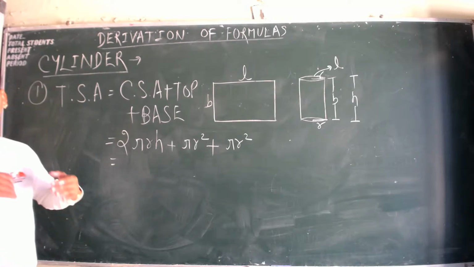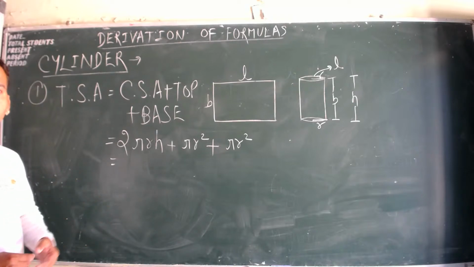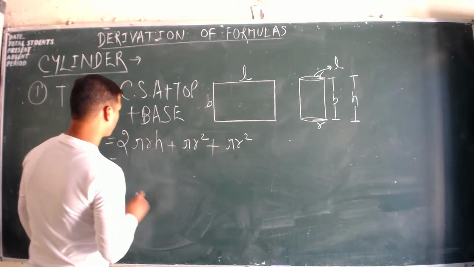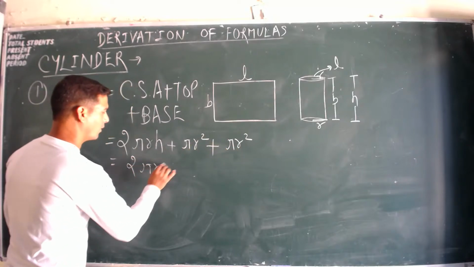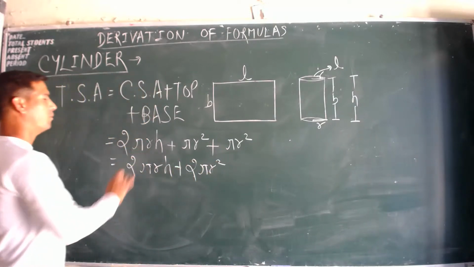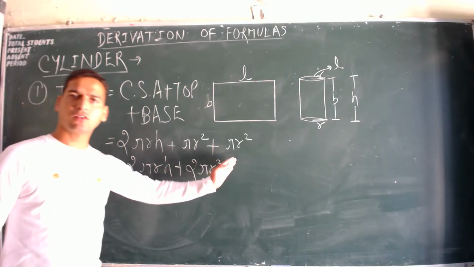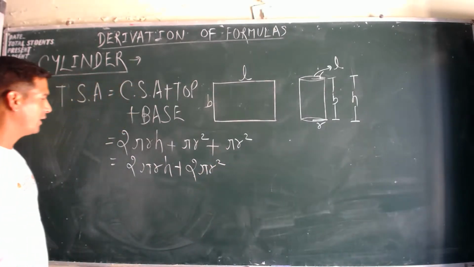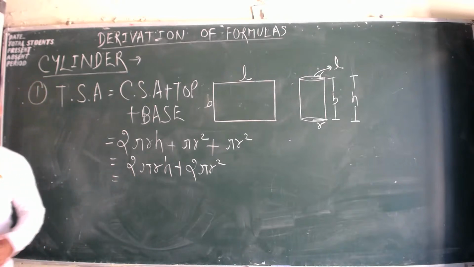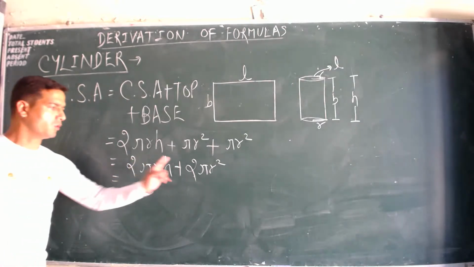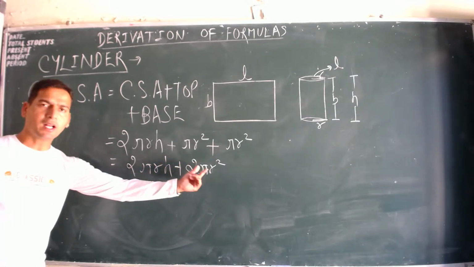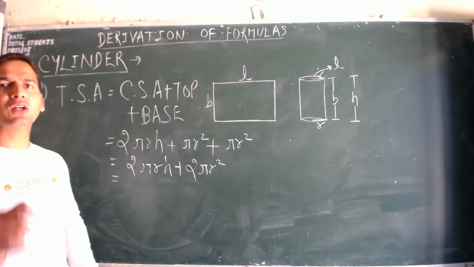Now, if you want to learn the simplified form, 2 pi r h plus pi r square plus pi r square will give you 2 pi r square. Now, what other thing can be taken as common? 2 pi r can be taken common, because r square includes r into r.